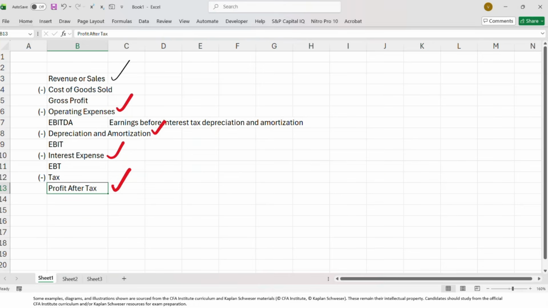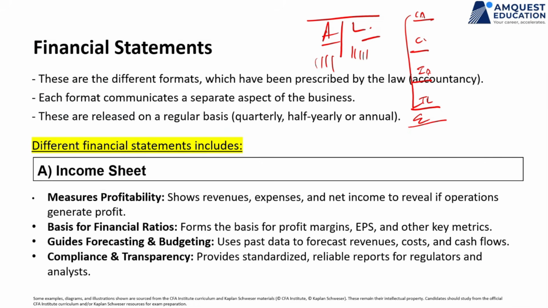So the idea is whenever you are reading an income statement, it measures profitability, shows revenues, expenses, and net income to reveal if operations will generate profit. These statements are also the basis for financial ratios. They form the basis for profit margins, EPS, and other key metrics.